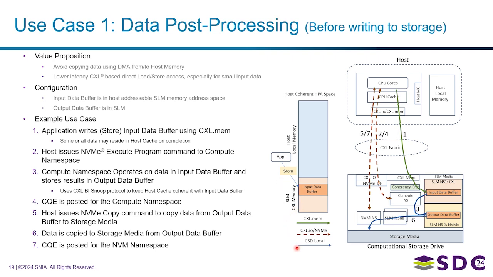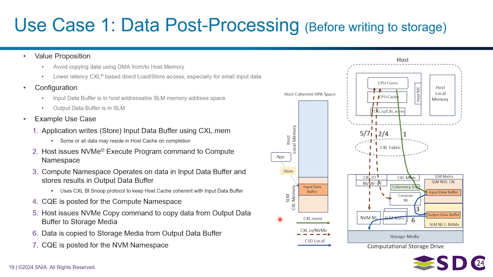And lastly, as a legend, 3 different types of arrows. Solid green is CXL.mem. The dashed brown is CXL.io or NVMe. And the solid blue is CSD local, so it's internal to the computational storage drive.